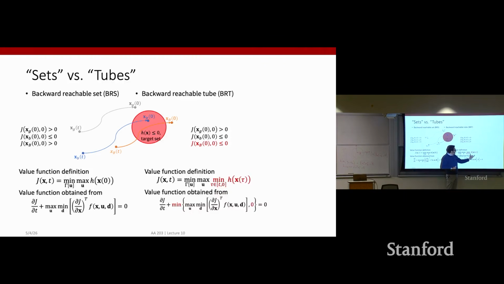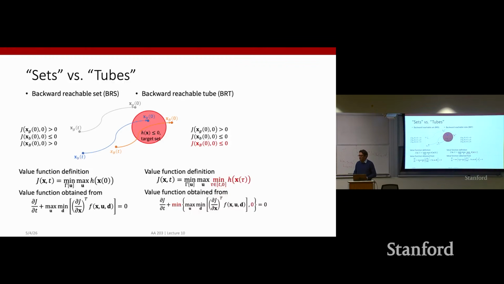So what this is saying is that you are interested in making sure that not just h evaluated at x of 0 is greater than 0, which means that you're safe, but that the minimum of h across all of that trajectory is greater than 0. Because if that is the case, it means that at every single point in time, h evaluated at x of t is greater than 0, which means that you are outside of the avoidance set.